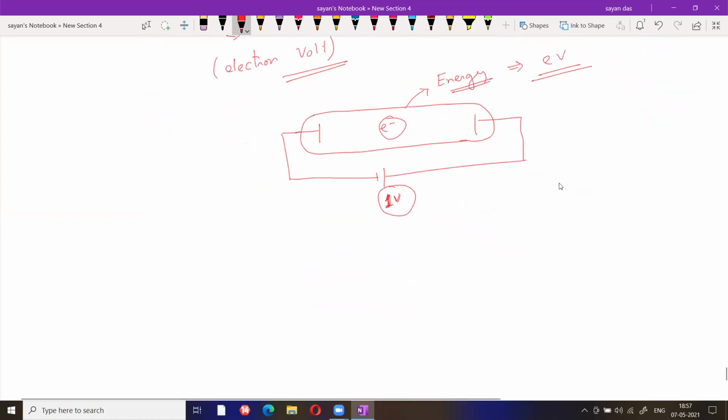Okay. So just write down what is electron volt.